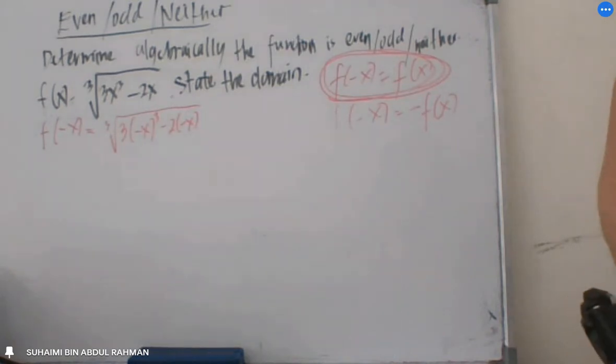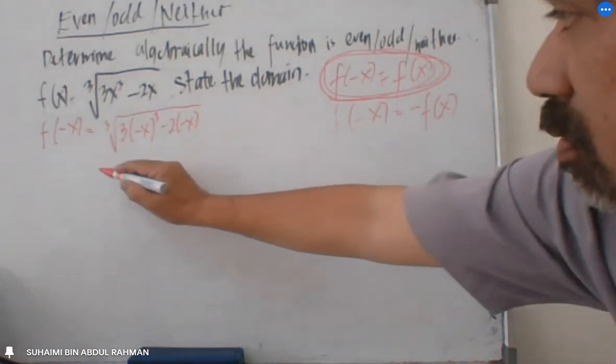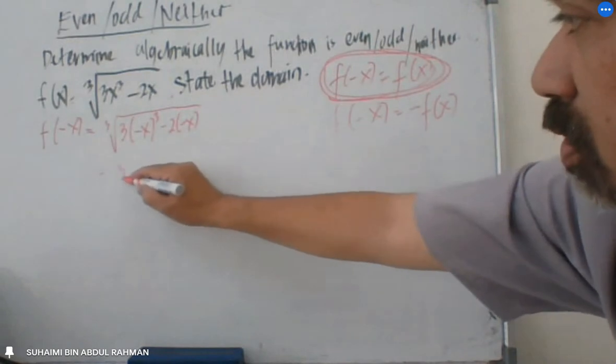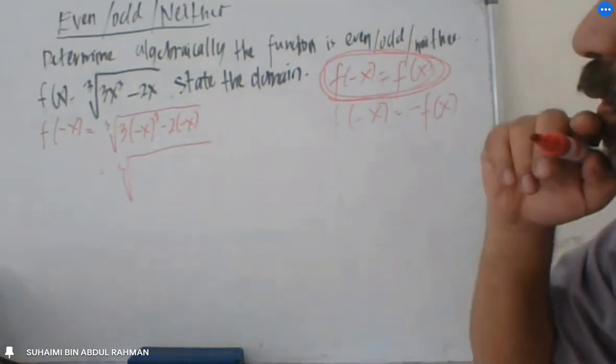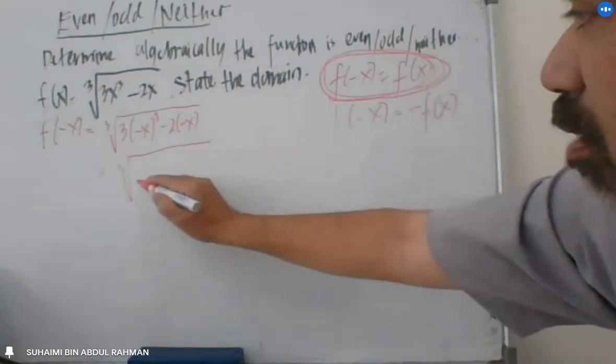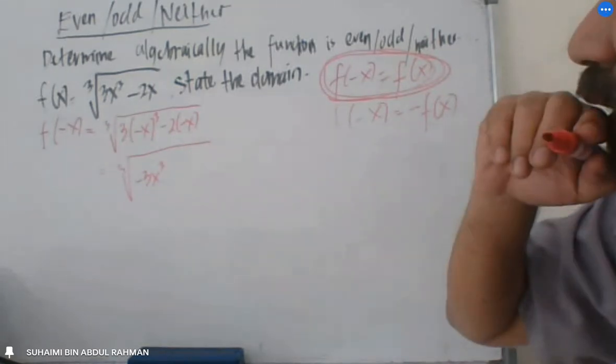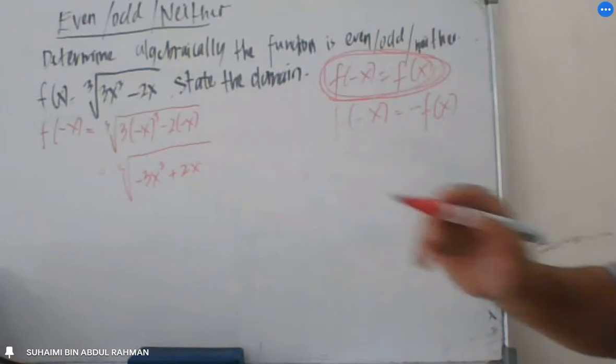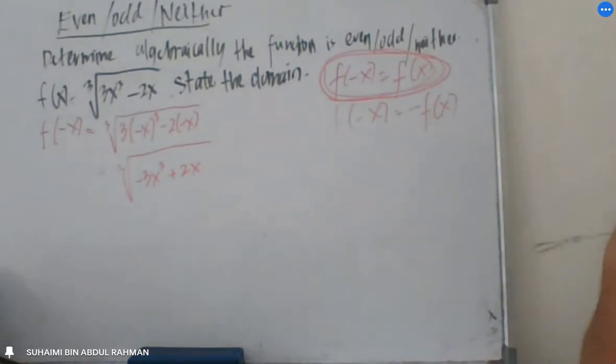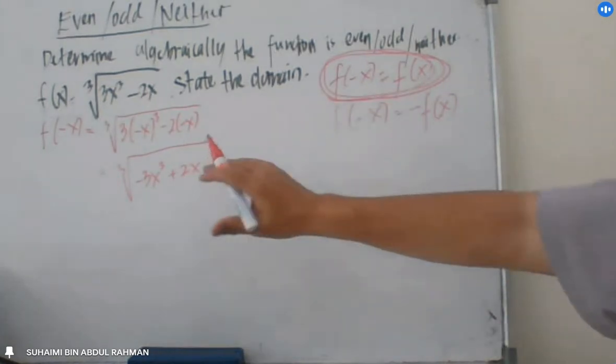We just substitute x with minus x. Then it's equal to the cube root of minus 3x to the power of 3 plus 2x. So is it the same as f(x)?